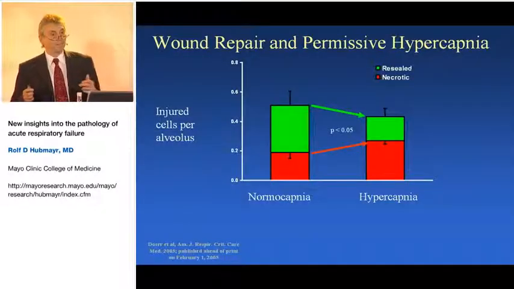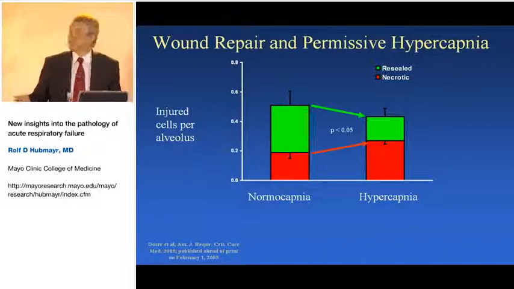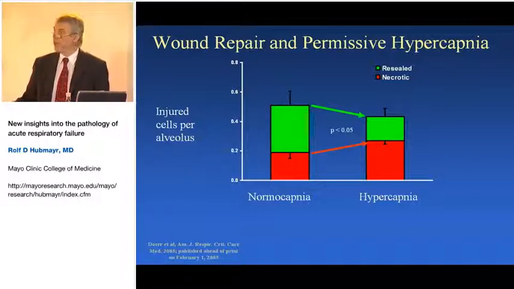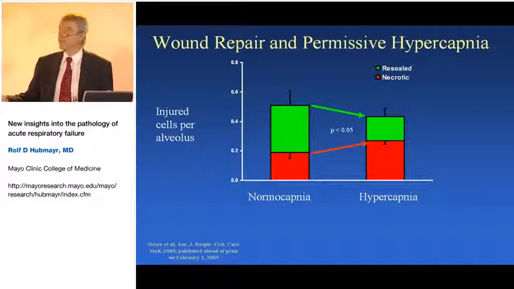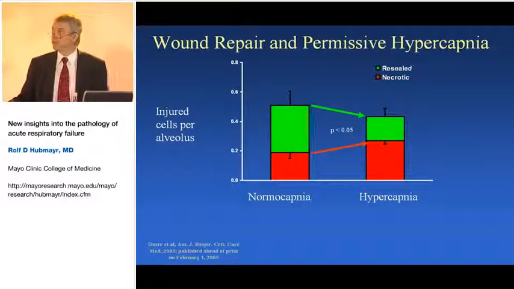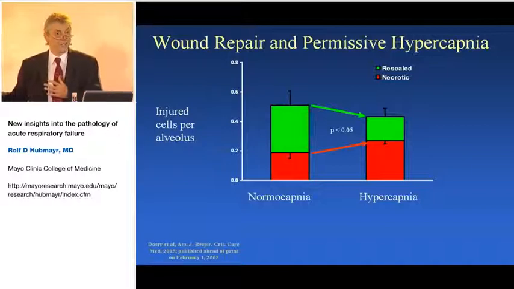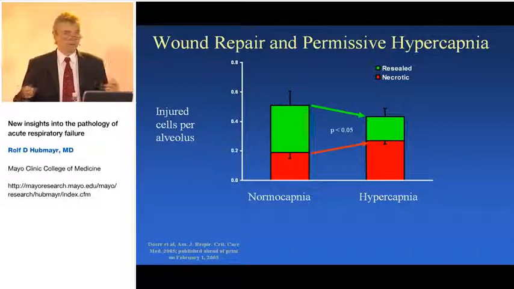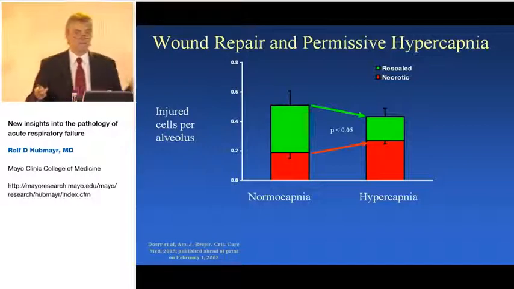But if you look at what happens to the cells, it's interesting that when you look at the distribution between necrotic cells, cells that fail to heal, and cells that survive the insult, hypocapnia, even in the intact lung, tends to produce more necrotic cells than normocapnia. Now, don't go away and say that means I shouldn't tolerate hypocapnia in my patient.